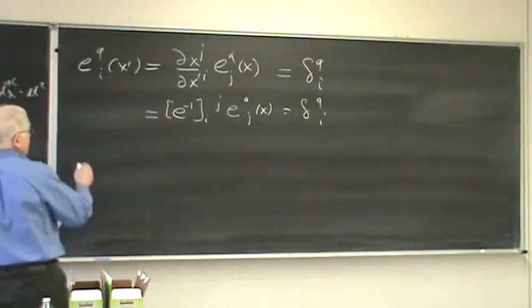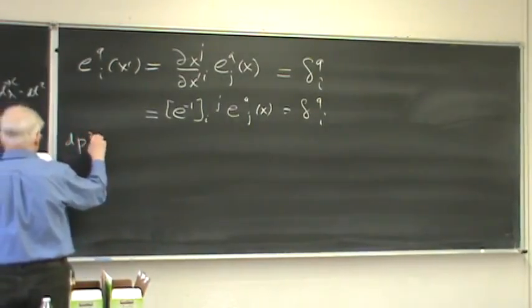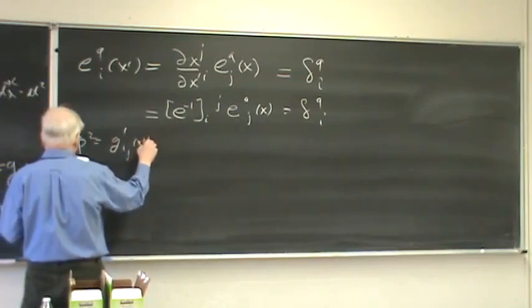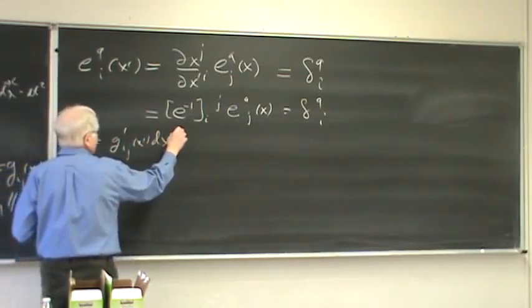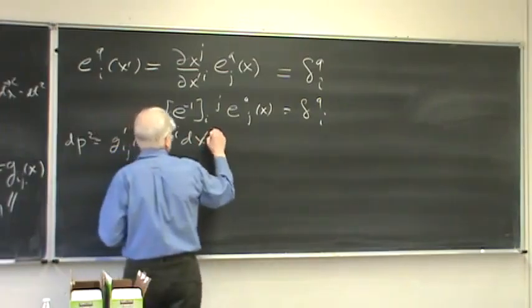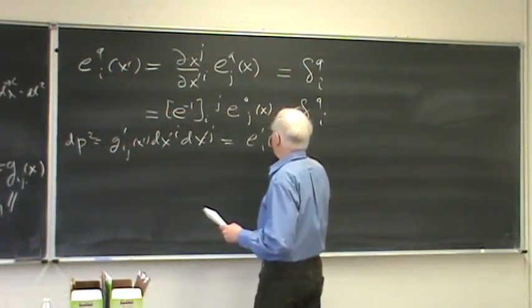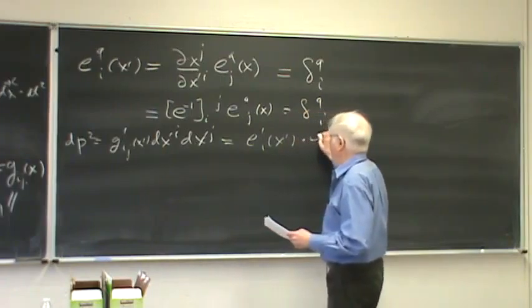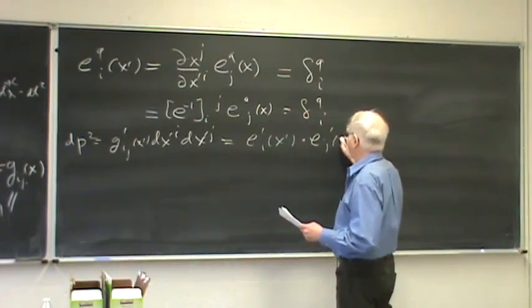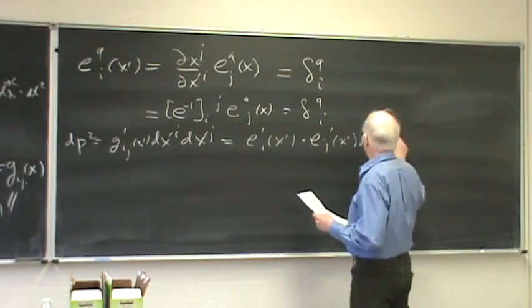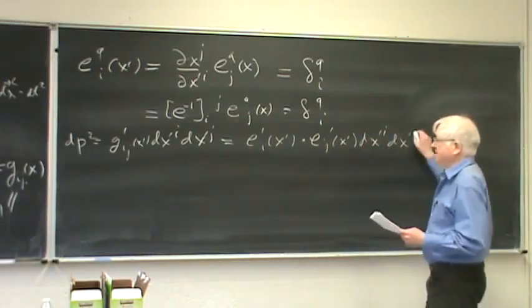And then what happens is dp squared, which is g prime ij of x prime, dx prime i, dx prime j. This is then e prime i of x prime dot e prime j of x prime dx prime i dx prime j.